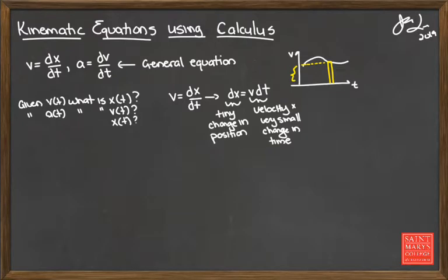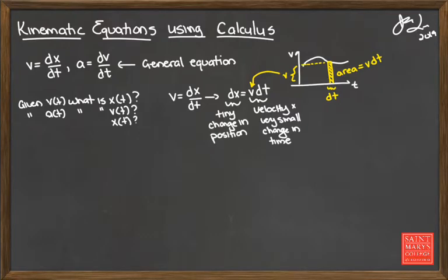So the height of this rectangle is v in this case, which is this guy right here. And it's taking place over a very small amount of time, dt. Notice that the area of this rectangle is simply the height of the rectangle times the width of the rectangle. And that's all that this is representing here.